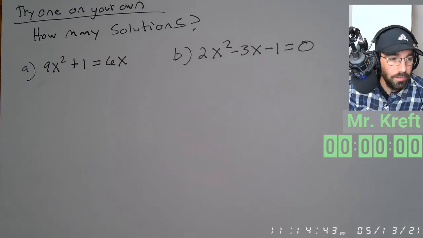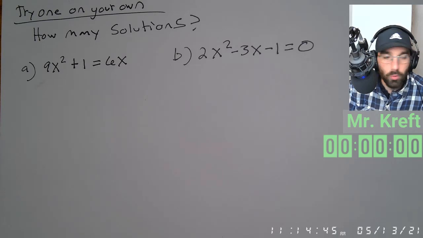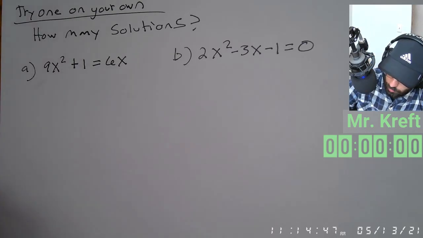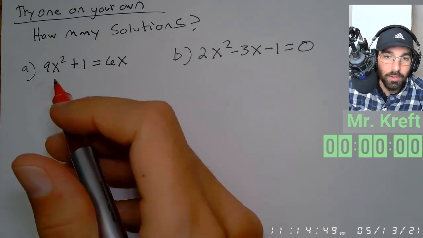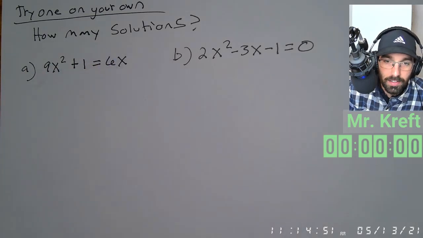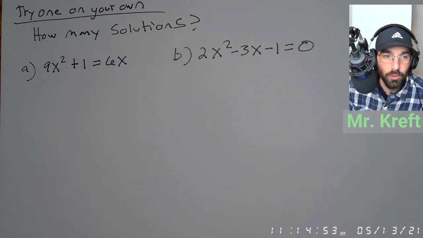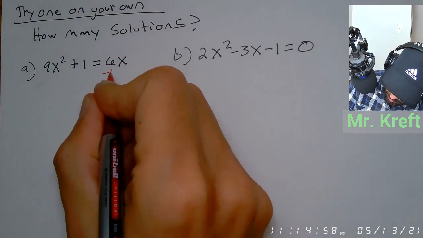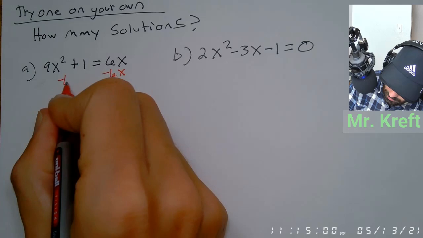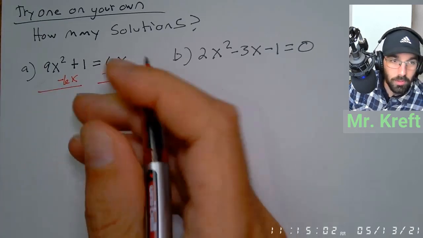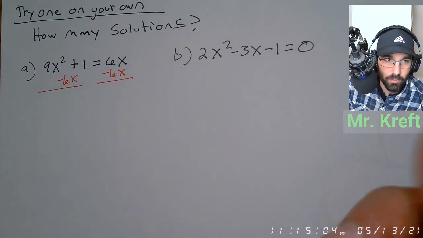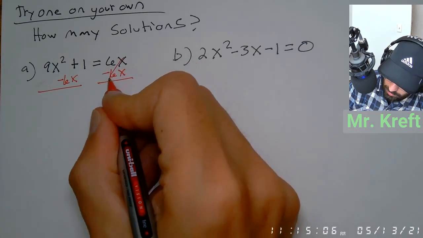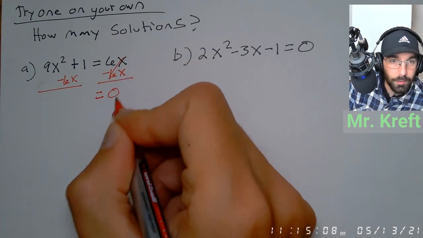All right, so let's take a look at these and see how we did, okay? The first one was a little bit tricky because it wasn't in standard form. Not everything is over on the left side. So we have to get things to standard form before we start using any part of the quadratic formula. So subtract 6x, that's going to give us a 0 on the right.